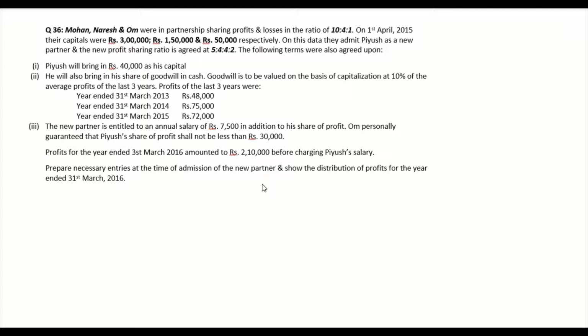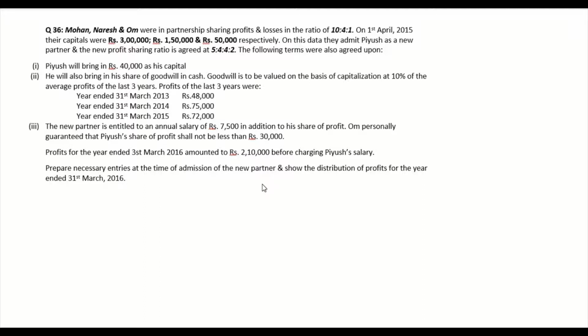Piyush will bring rupees 40,000 as his capital. He will also bring his share of goodwill in cash. Goodwill is to be valued on the basis of capitalization at 10% of the average profits of the last 3 years. Profits of the last 3 years for the years ended 31st March are mentioned.